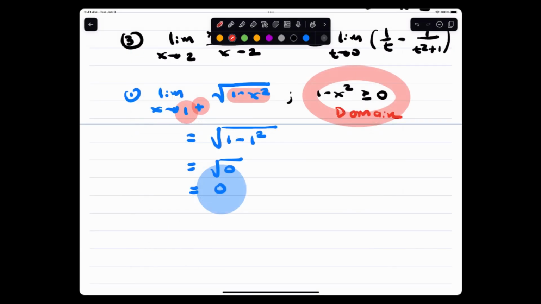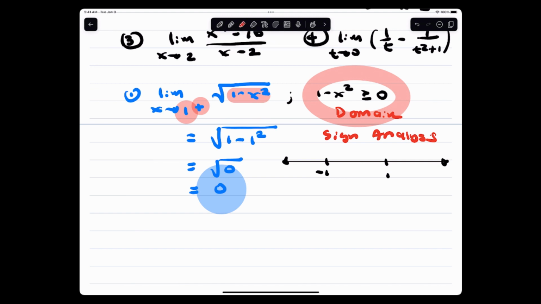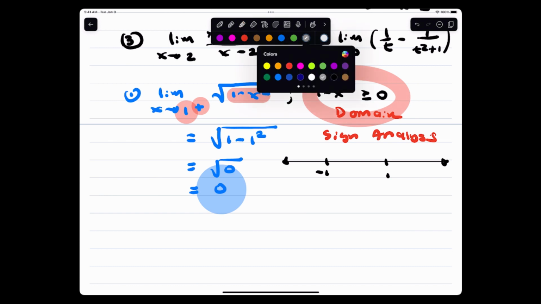There it is. So the domain is really a sign analysis kind of question. And moreover, when you go through sign analysis, you will find that the graph of the values of x that are in the domain will be between -1 and what? 1. If I can get a color.